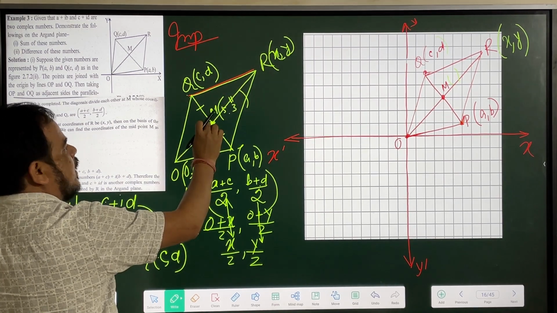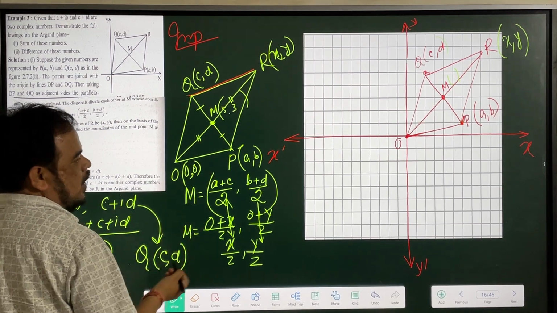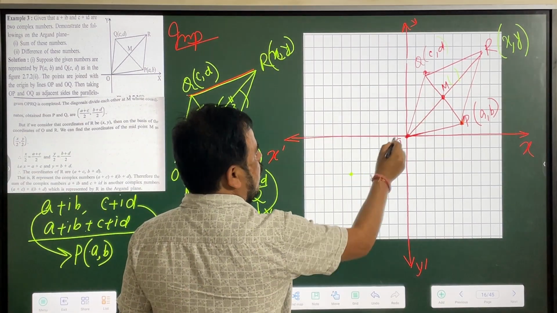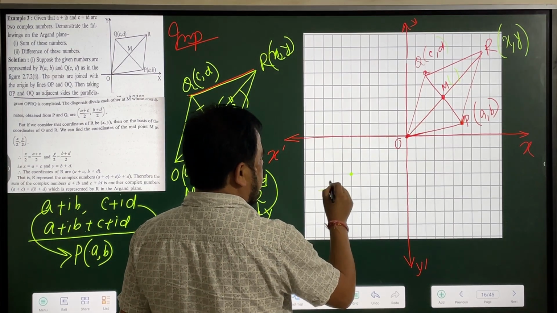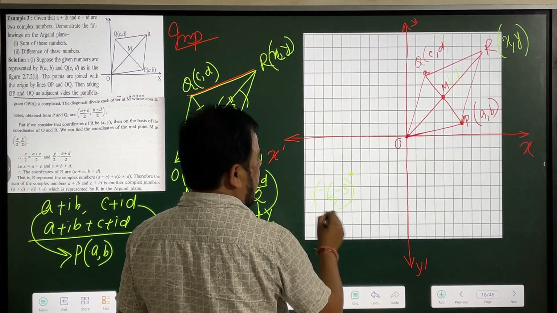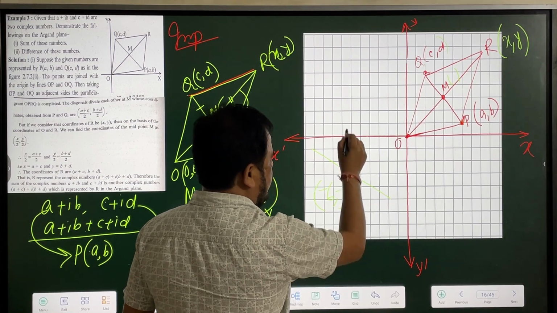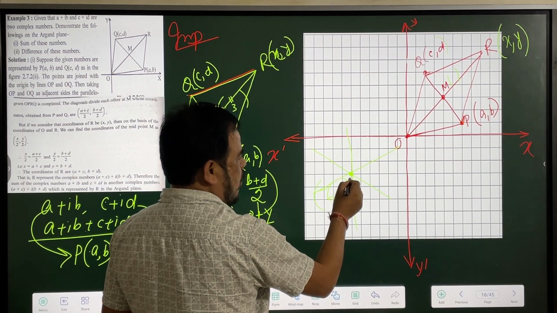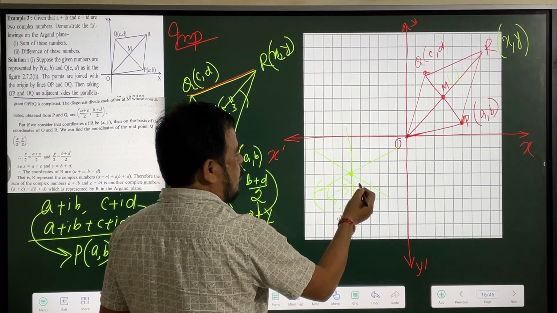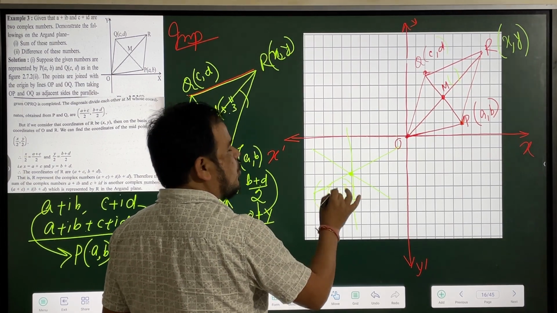Even if we draw lines through it, all are passing through this point, and this point will remain as it is.